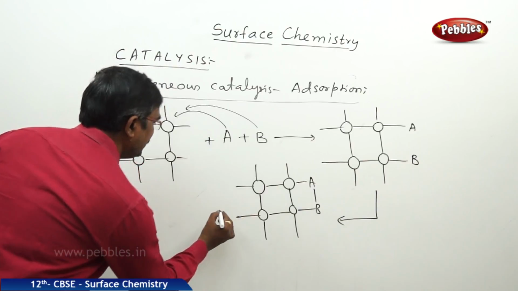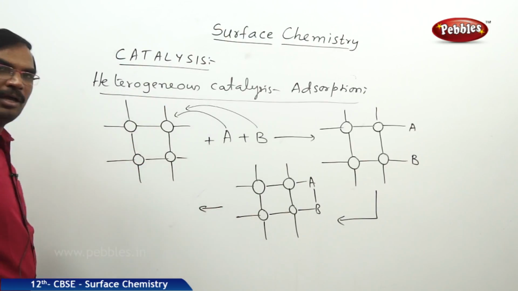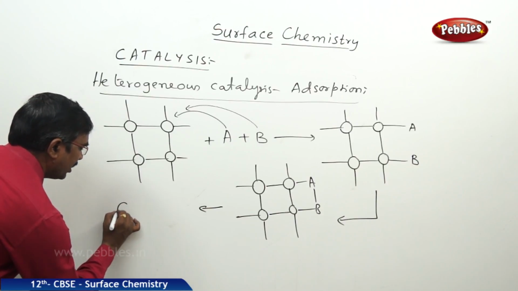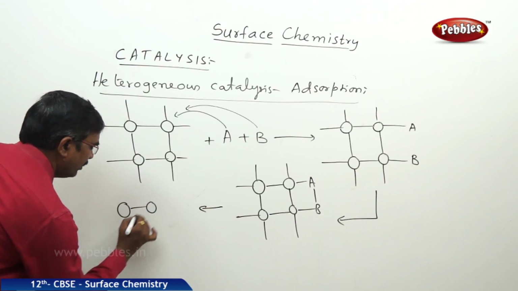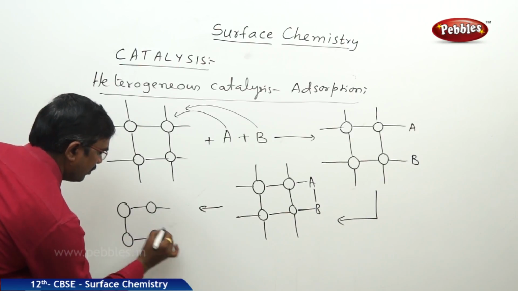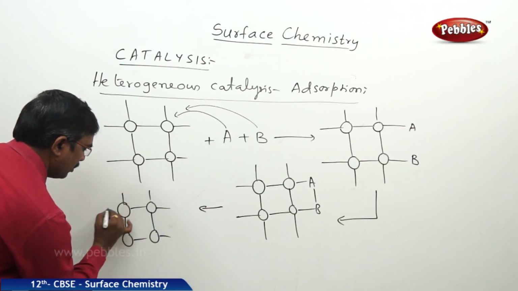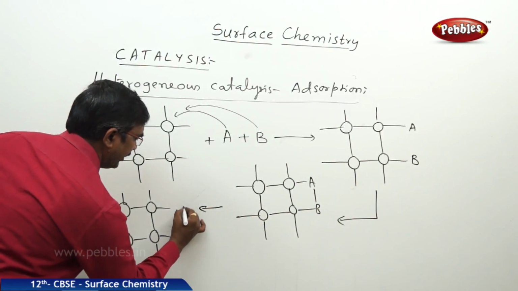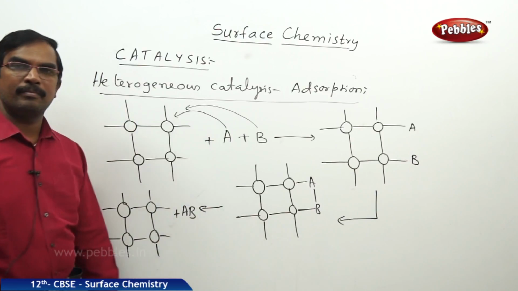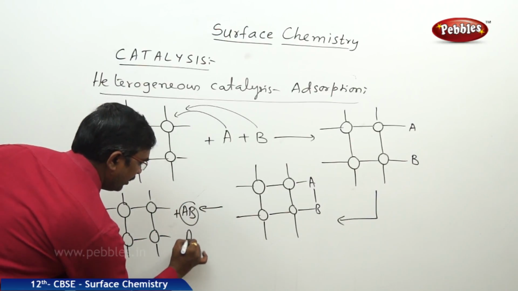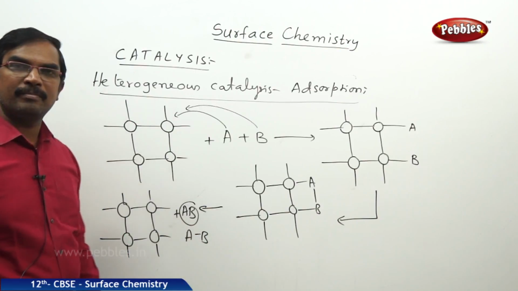Now this intermediate finally changes into the actual product. Again, this is the catalyst, which is a solid catalyst. Now we got the product AB, or we can show it like this also, the same thing, A bonded to B.